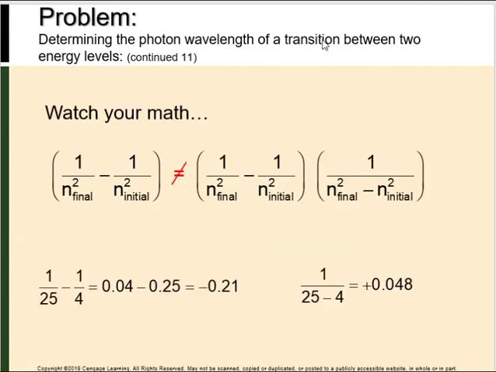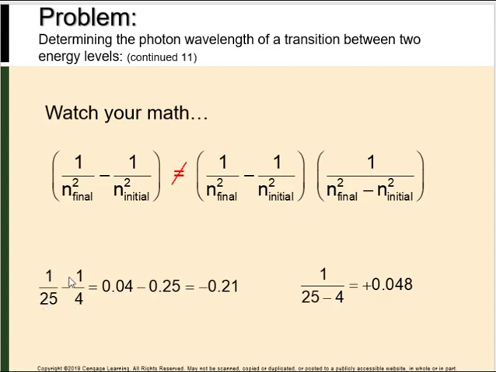Be careful and don't try to cheat, because 1 over n squared final minus 1 over n squared initial is not equal to 1 over the difference of n squared. Don't do that. For example, with that 5 and 2 from earlier, 1 over 5 squared is 1/25, 1 over 2 squared is 1/4.